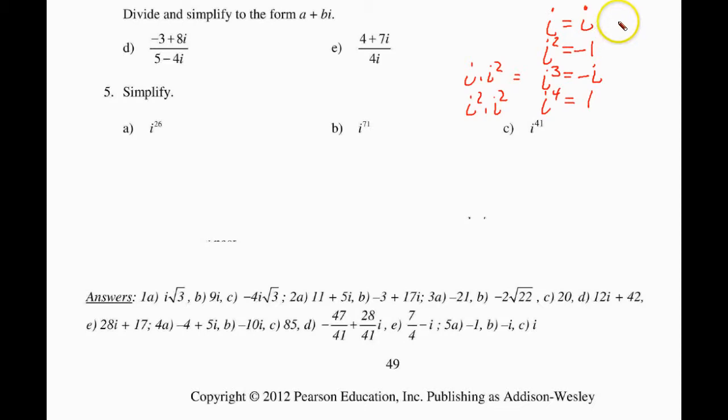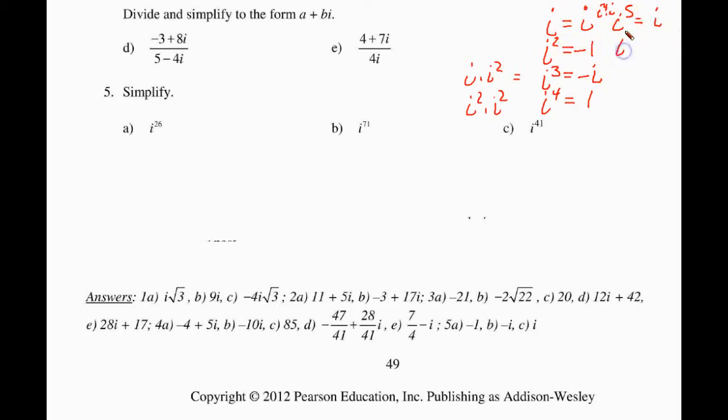Now, when you go to i to the fifth, can you see it's i to the fourth times i? i to the fourth times i is i to the fifth. But we said i to the fourth is 1. 1 times i would be i.